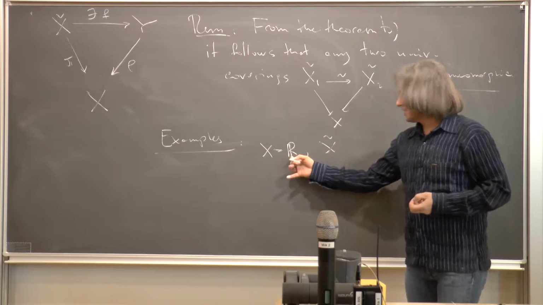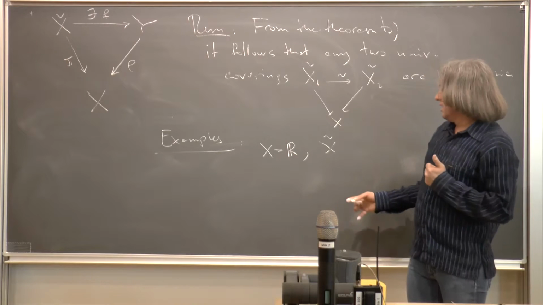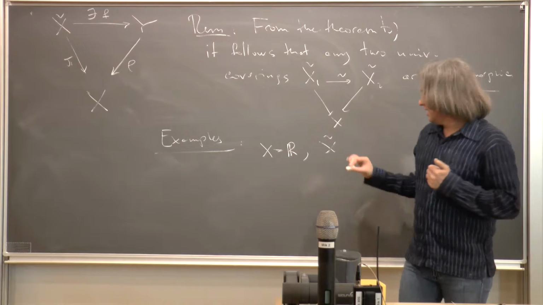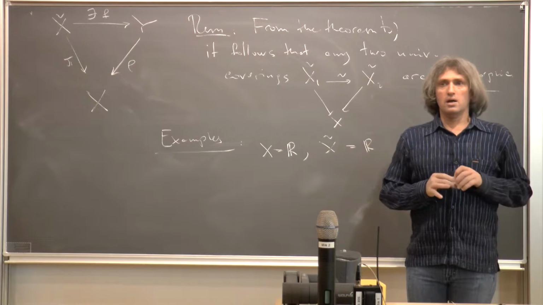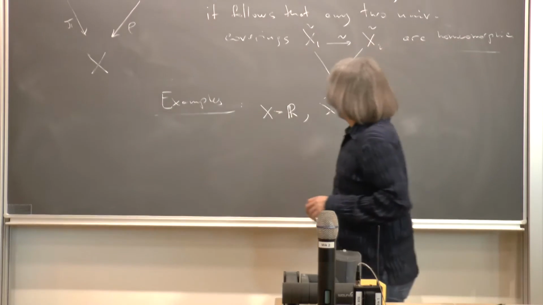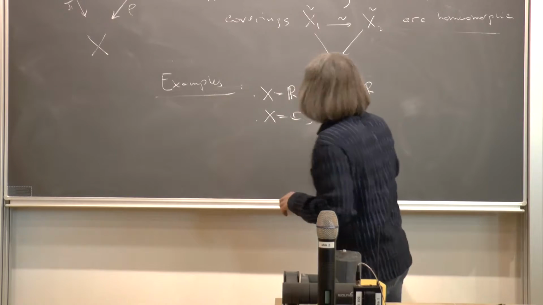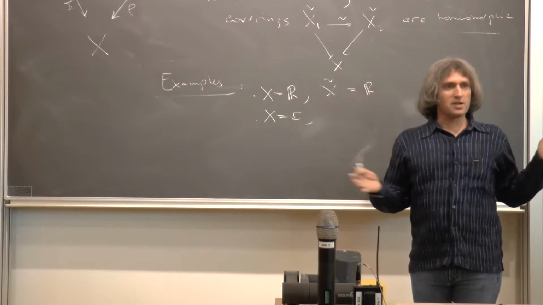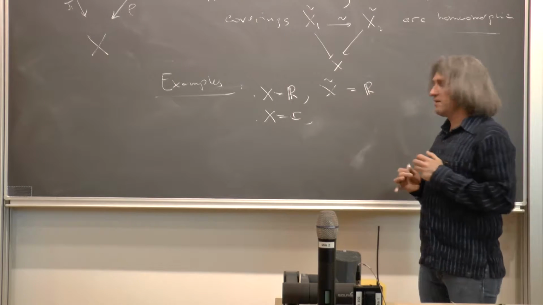So it's simply connected. And in view of this theorem, since the universal covering is unique, x tilde is R itself. Okay. If x is the complex numbers, then x is star-shaped. So it's simply connected. So it's the universal covering of itself.